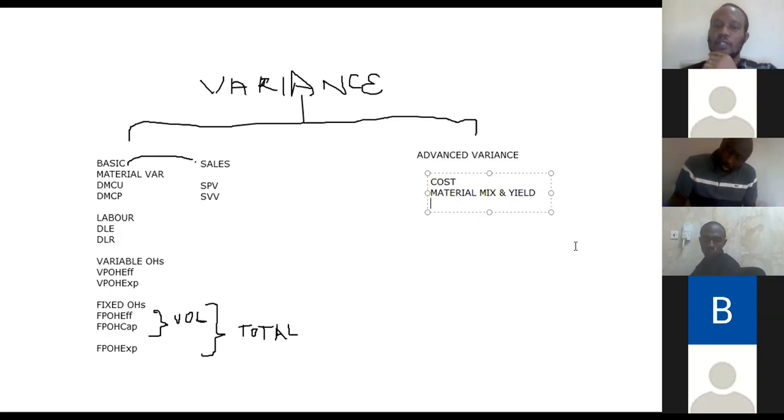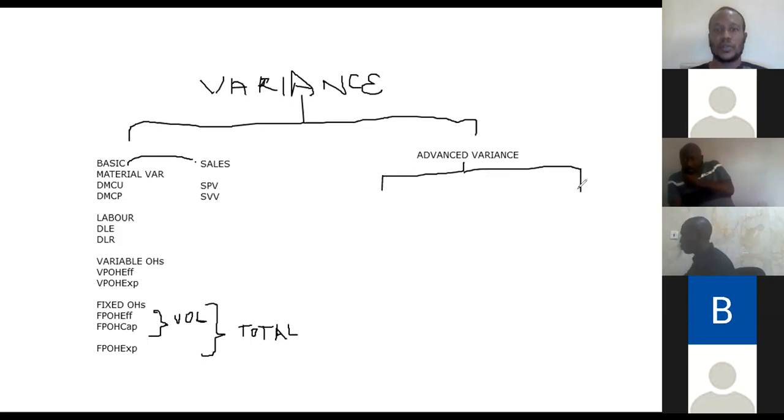I think that would be a better way to do it. We can actually break it down like this.